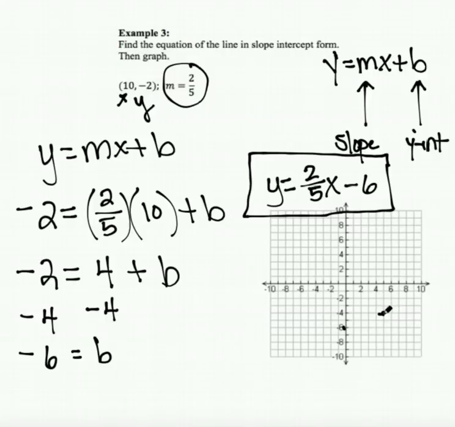Sorry, guys. So you're going to plot the point at negative 6, and then when you rise 2 and run 5, we're now at the point 5, negative 4. The last step is to connect those values. Mine is going to be terrible because I'm bad with this pen, but we just need to connect those 2 points to see the graph of that line.